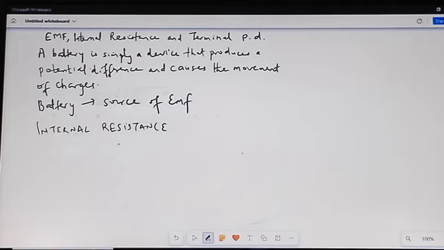So when you have a battery and you are talking about an internal resistance of that battery or a cell, it means the internal resistance is the resistance that is offered by the cell due to its chemical composition.